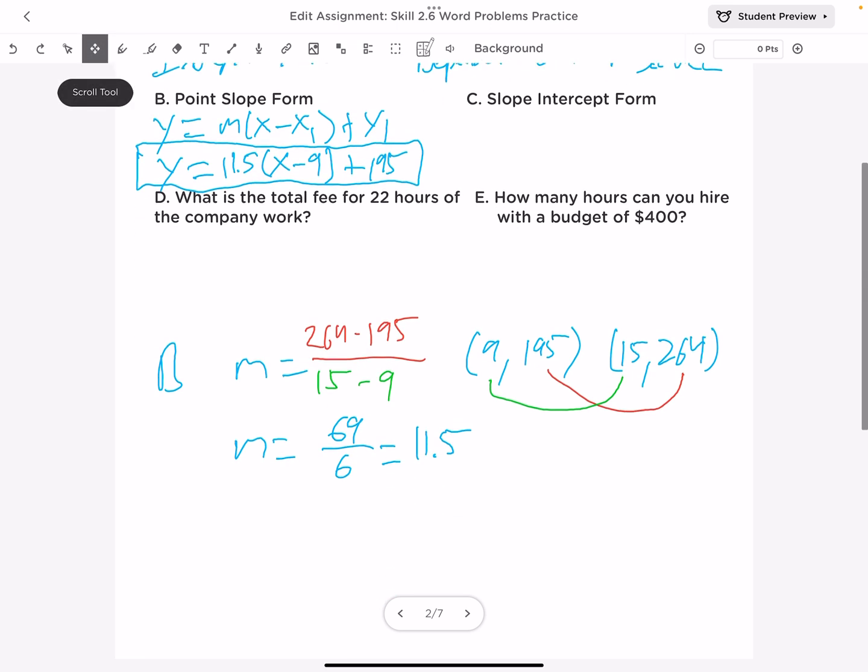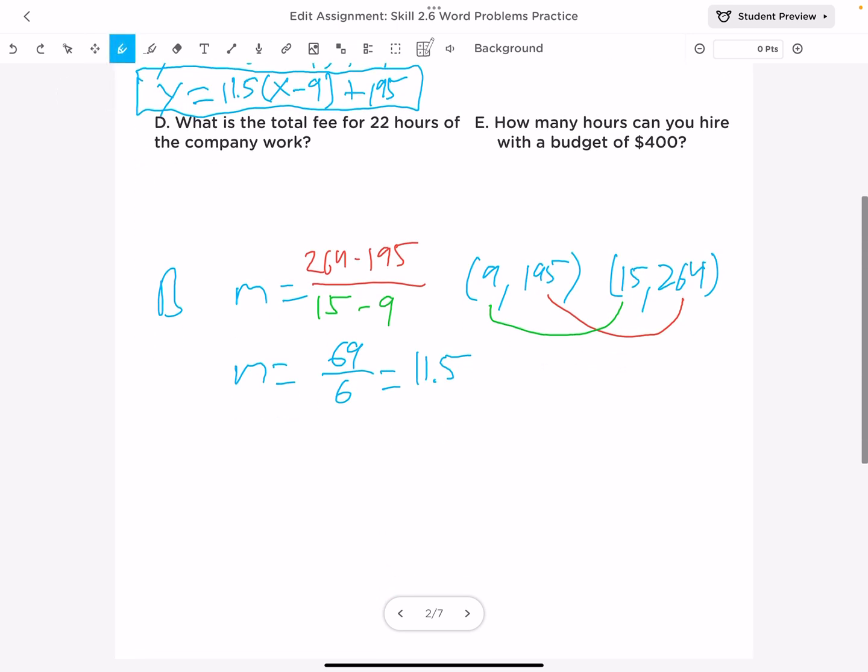Now, just like before, for slope intercept form, I'll rewrite it down here. Y is equal to 11.5 times x minus 9 plus 195. I can distribute this. And I get y is equal to 11.5x minus. Now, at this point, you'll have access to calculators on the test.